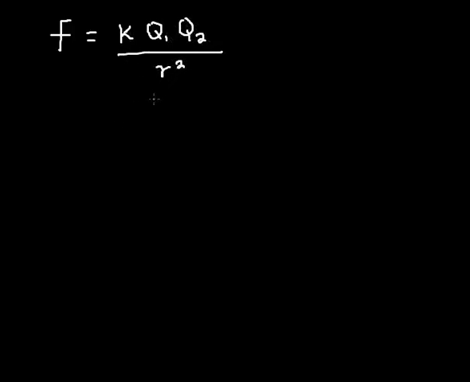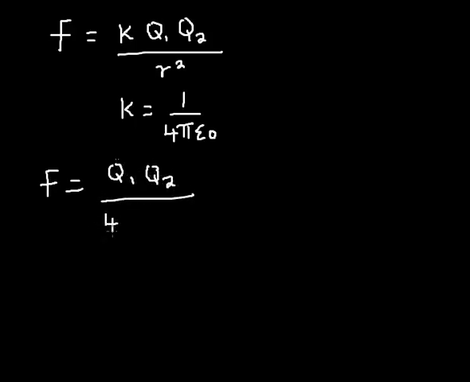Since K already we know is 1 all over 4 pi absolute permittivity or permittivity of free space, I can also express the electric force between two charges to be equal to Q1 Q2, divided by 4 pi epsilon 0, multiplied by R square. So I hope that is well understood.